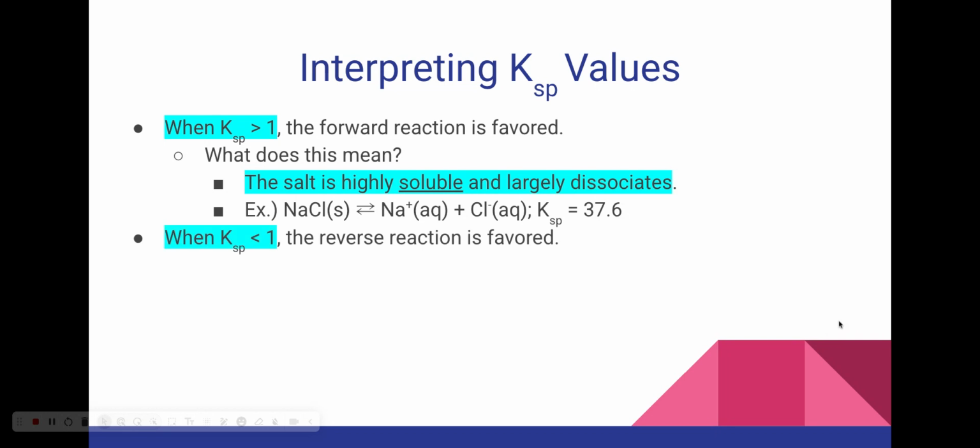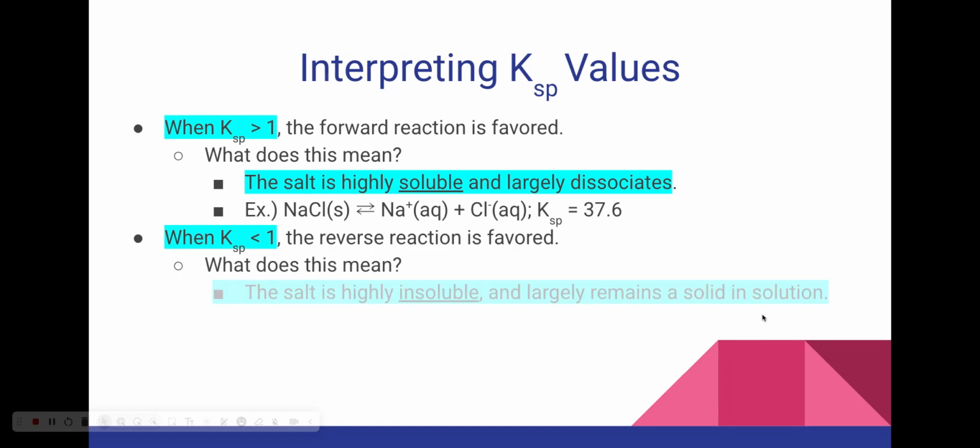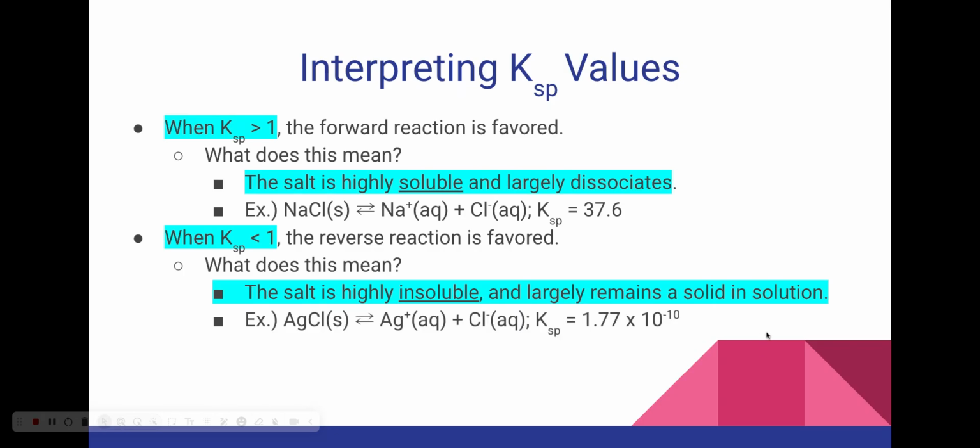Now, when KSP is less than 1, the reverse reaction is favored. So what does this mean in terms of KSP? Well, the salt is highly insoluble and will largely remain as a solid in solution. So here we've got silver chloride's dissolution reaction, in which silver chloride solid is in equilibrium with silver plus aqueous ion plus chloride ion.